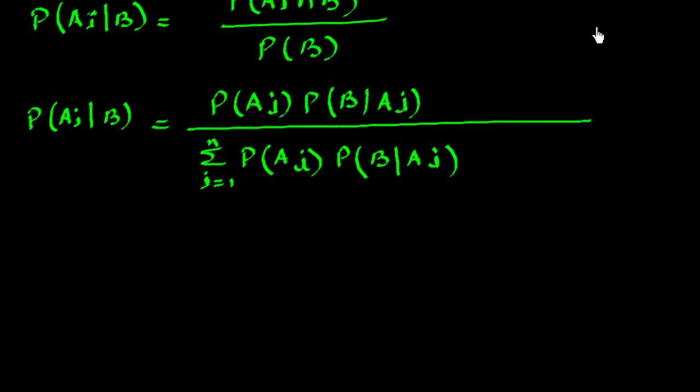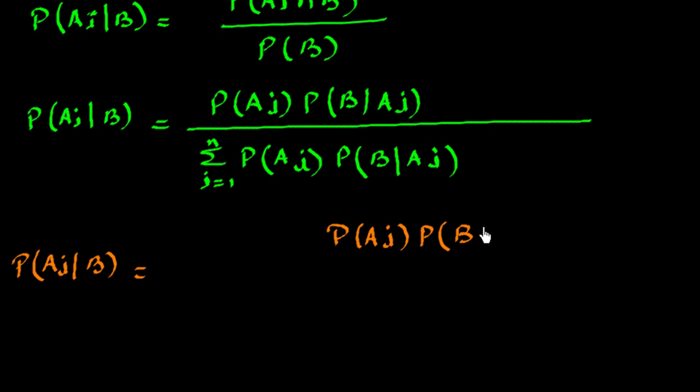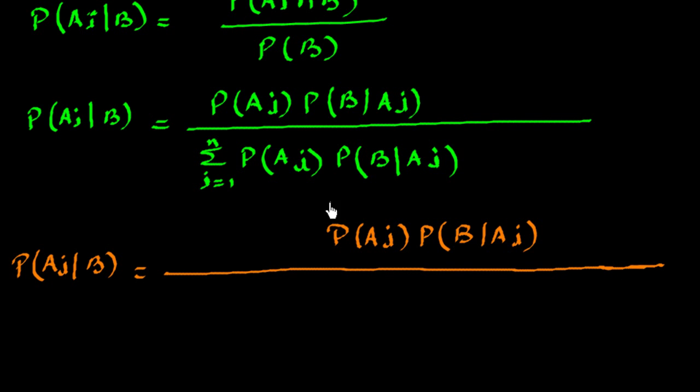And finally we get here in this way the probability of Ai given B is equal to probability of Ai times probability of B given Ai, over the summation of all of these.